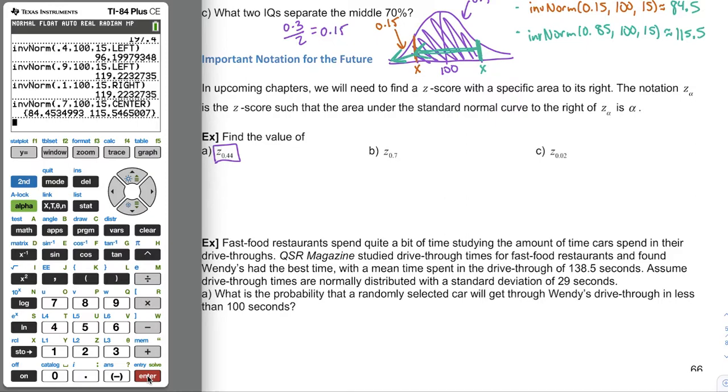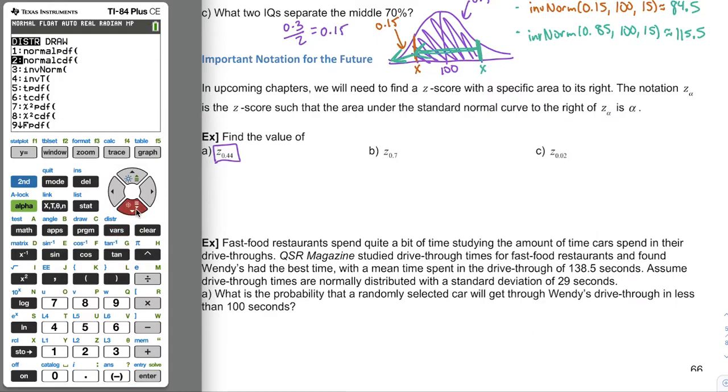You could just find that by doing an inverse normal. Remember that the Z refers to the standard normal curve where the mean is 0 and the standard deviation is 1.